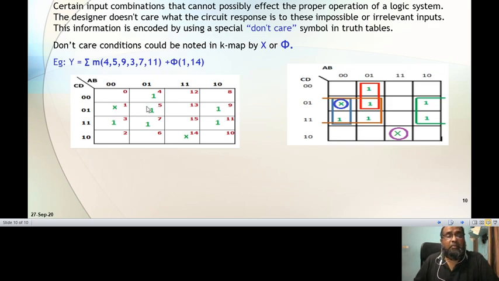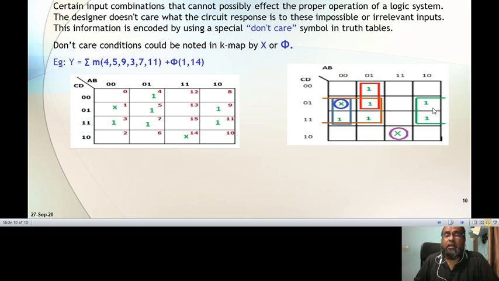But here the benefit is that, if we consider this x as 1, then 4 ones are adjacent to each other. That is, the 1 in cell 1, then 5, 3 and 7 are adjacent to each other. You can see 4 together.